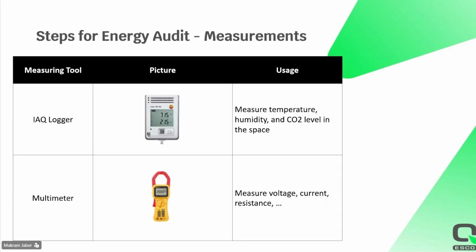Also, an important device that is used is the indoor air quality logger. This device will measure the temperature, humidity, and CO2 level in the space. This is also related to the quality of air inside the room, which is directly related to occupant comfort.